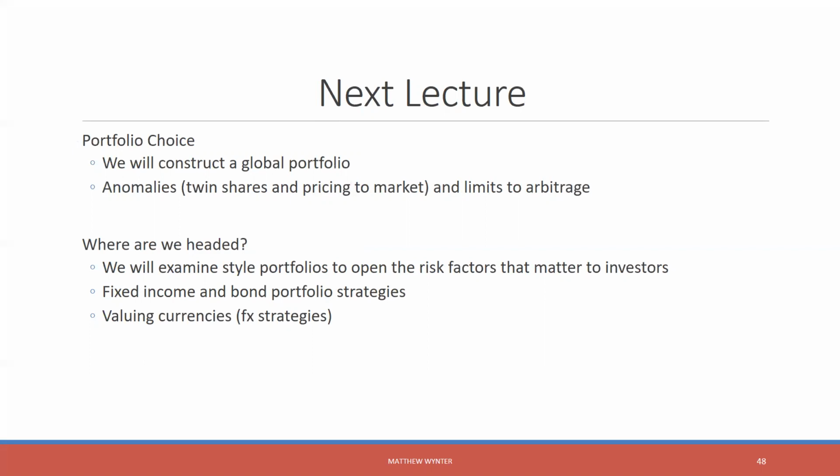And our final topic will be valuing currencies. So we'll look at different FX strategies based on our expectations of simple things like inflation. Okay, so we've covered quite a bit of ground, and hopefully you have a good understanding of where that discount rate comes from, how to apply it, and how we can lower it.